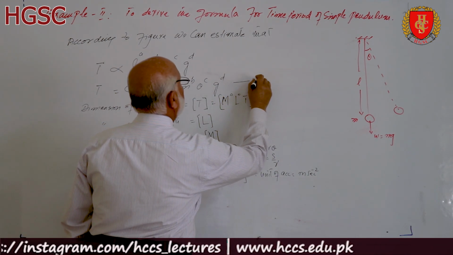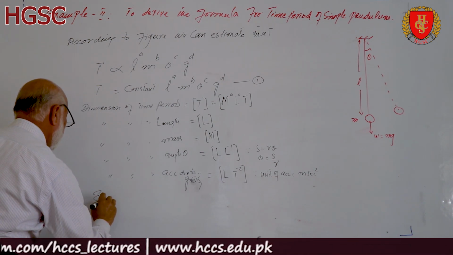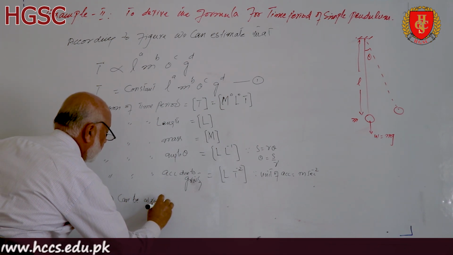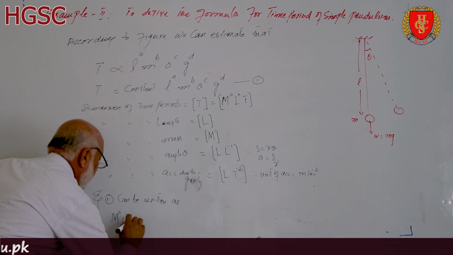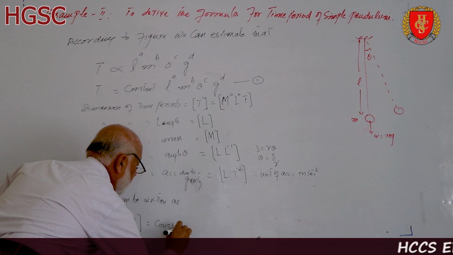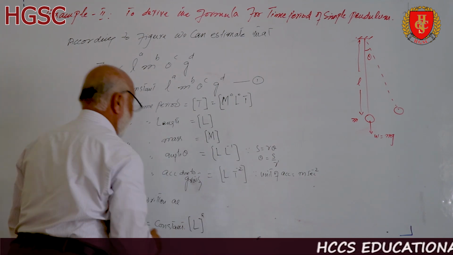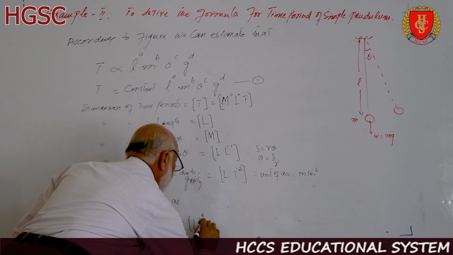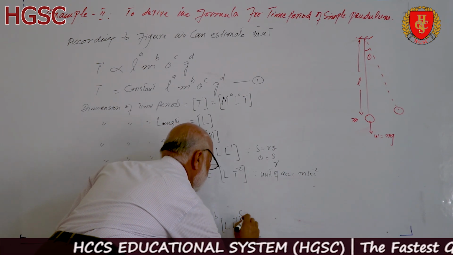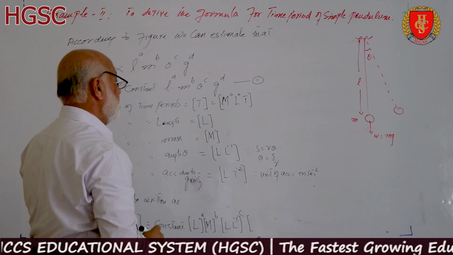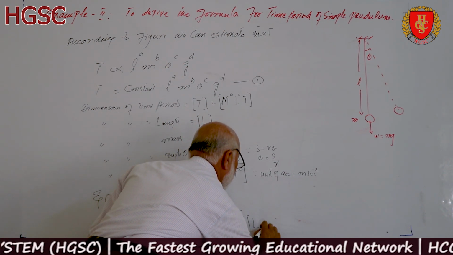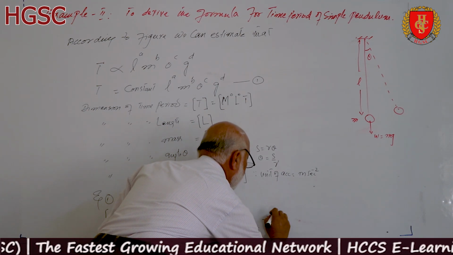So equation 1 can be written as m0 l0 t1, and right hand side constant, length power a, mass power b, theta power c, and g, acceleration due to gravity, units meters per second squared, and the dimension of g is L t minus 2 have power d.